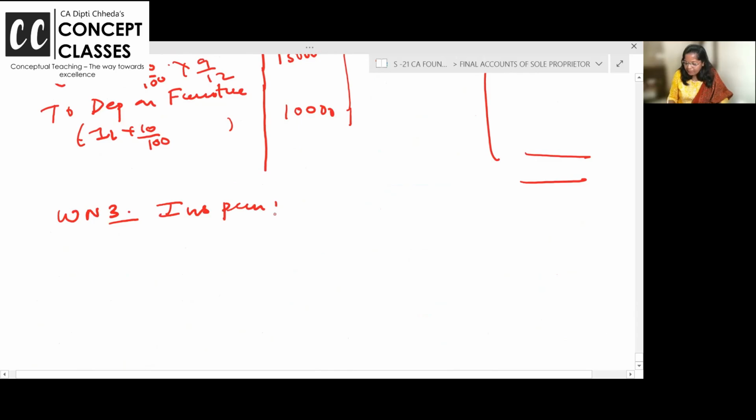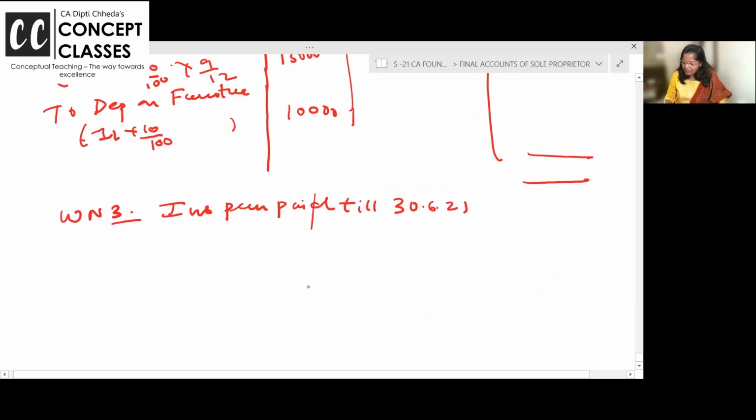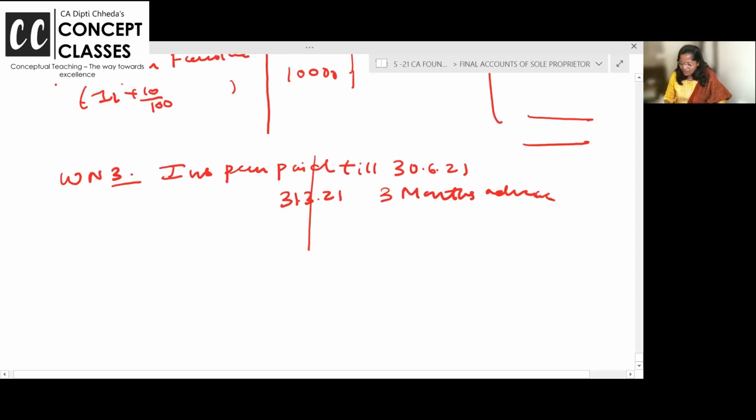Insurance premium paid till 30 June 21 and our cutoff is 31st March 21. So 3 months advance. I hope all of you know insurance is always paid for 12 months. So if it is paid till 30 June, 3 months next year का भी आपने अभी पे कर दिया. 3 months advance.